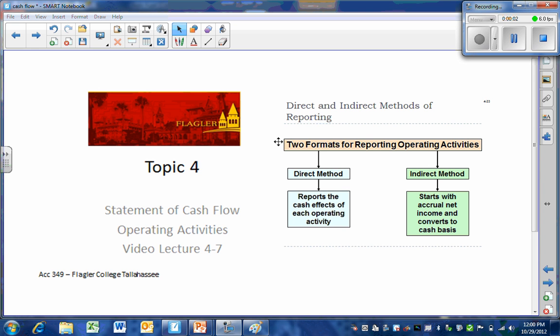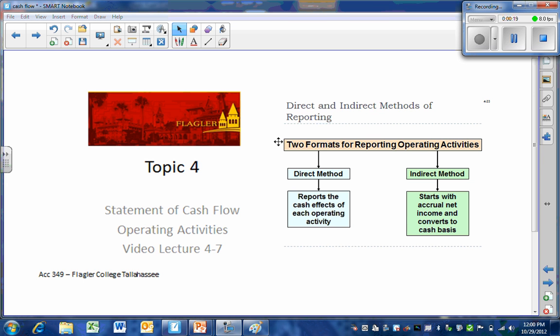In this video, we're going to be looking at the operating activities section of the statement of cash flows. The operating activity section of cash flow details the inflow of cash and the outflow of cash related to the day-to-day operations.